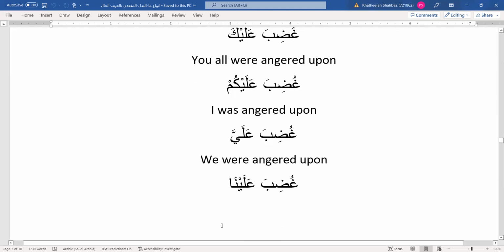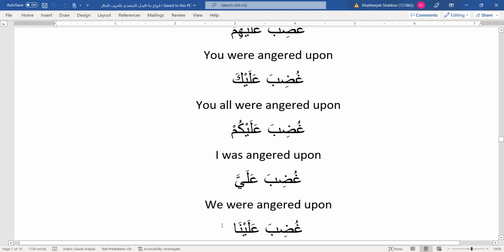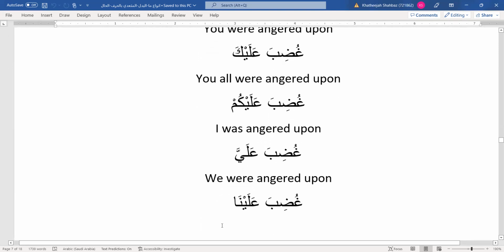So now we are good at it, right? So now we know how to make passive voice out of al-fi'lul lazim. What we do is add a harf, and that allows us to change it into passive voice. But in the introduction, I also said that al-fi'lul lazim does not have an ismul maf'ul.